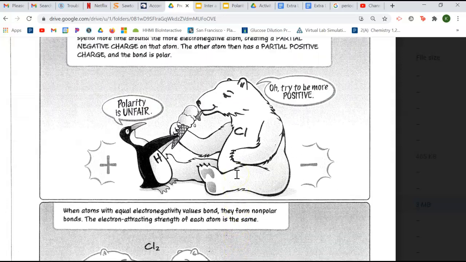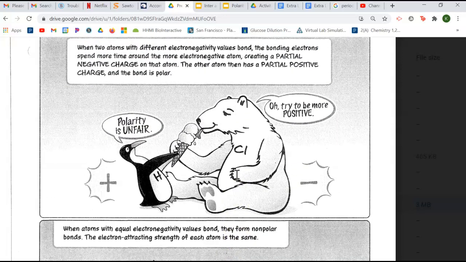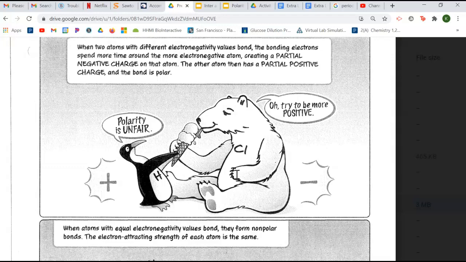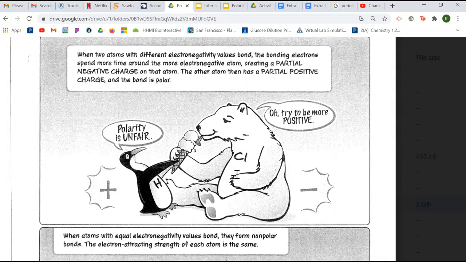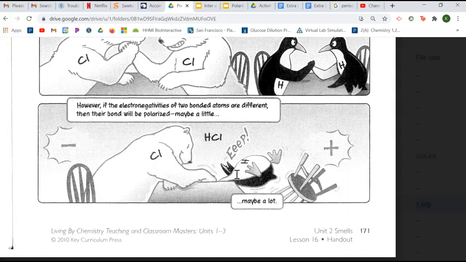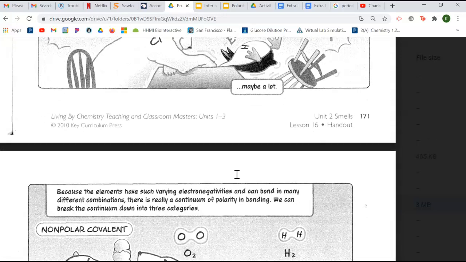And just to remind you, up here, it's not the same. So for that reason, we call these polar bonds. However, if the electronegativity of two bonded atoms are different, then their bonds will be polarized, just a little, or maybe a lot. Depends on the actual element.